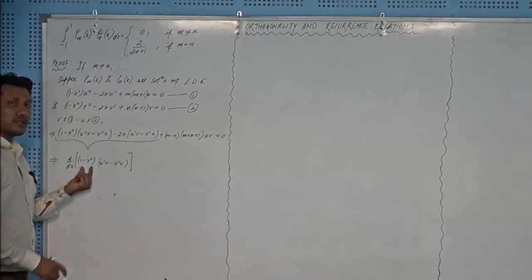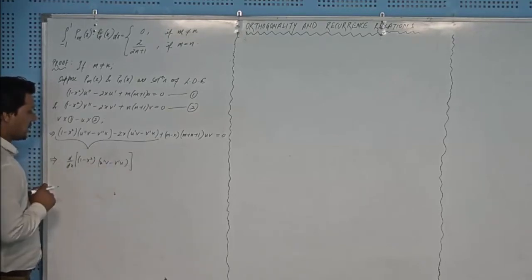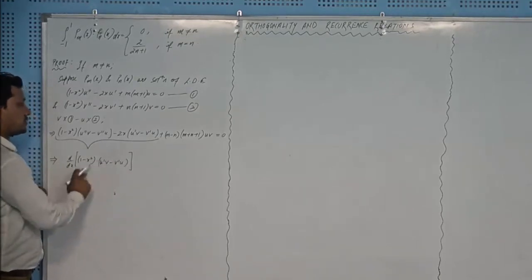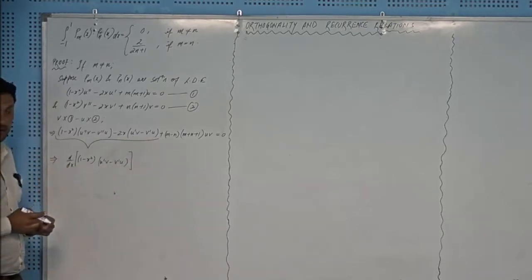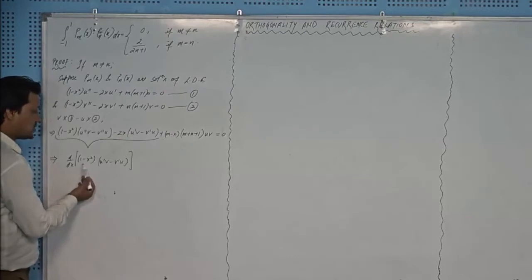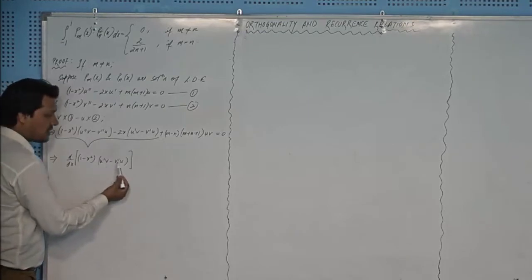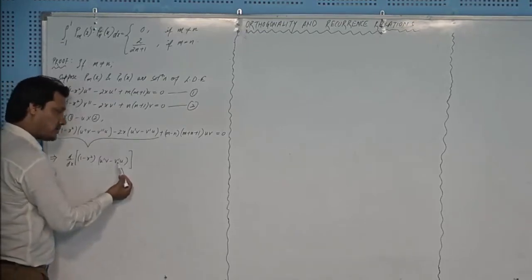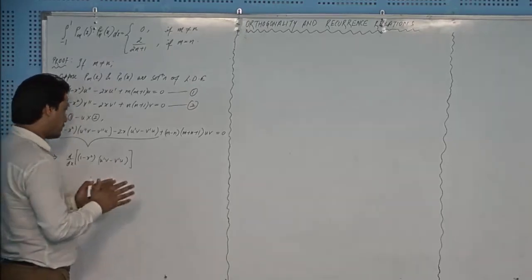You should apply the product rule. You take this as the first term and this as the second term. On applying the product rule, you will get these two terms. The first term as it is, and the differentiation of the second term will be u double dash v plus u dash v dash minus v double dash u minus v dash u dash. So ultimately u dash v dash will cancel out, and the first term will be this.